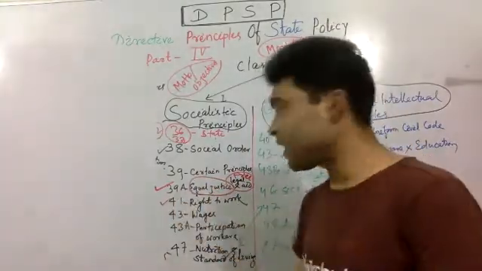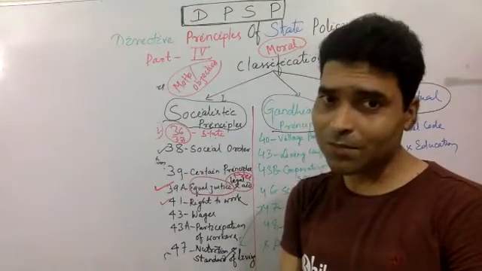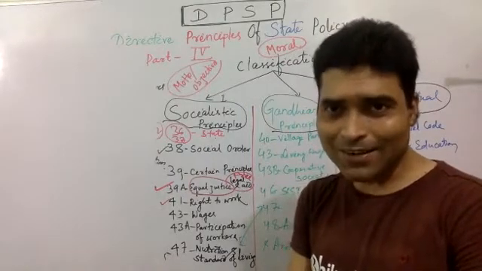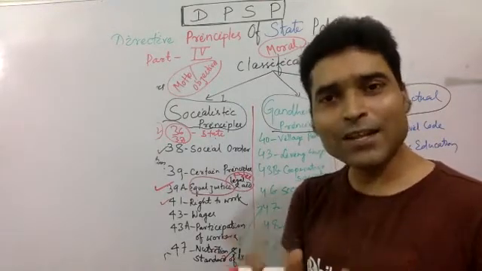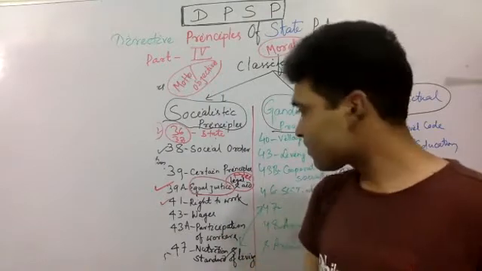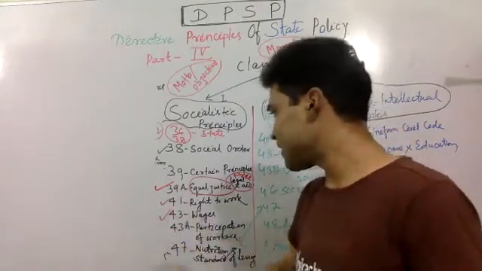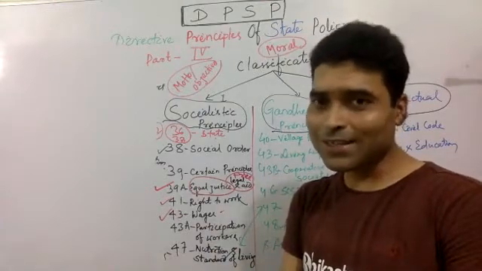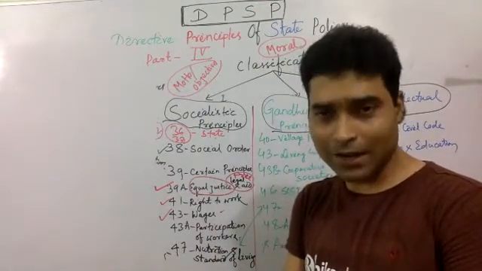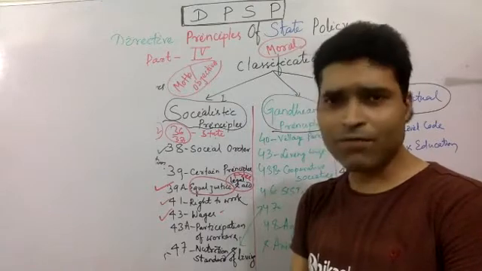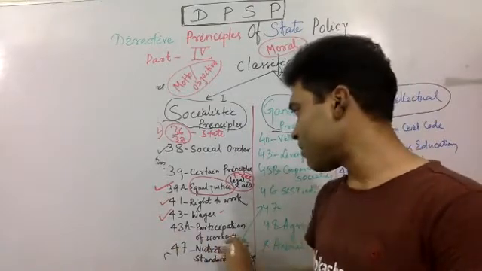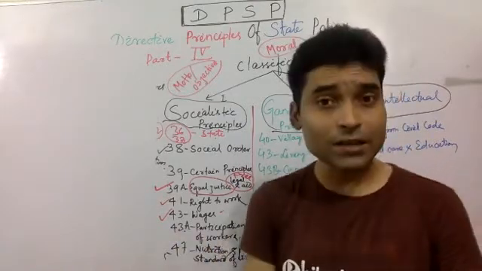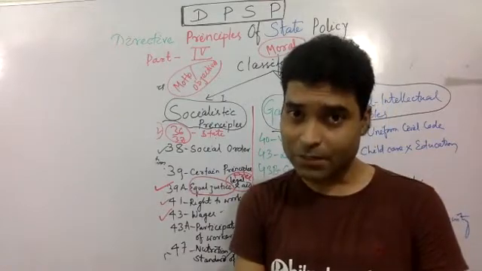And this is the right to work. The workers must get their right, or must get work. And Article 43 says minimum wages for laborers and workers in industries. And 43A, participation of workers in industrial management.